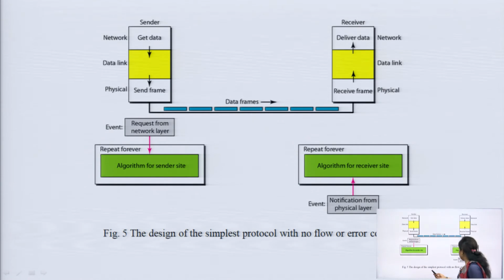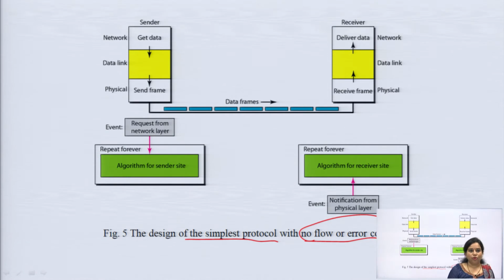So, this is the design of the simplest protocol with no flow or error control. Whenever this code is used at the data link layer, it does not include any kind of flow or error control. It will only transmit the data, maintaining the framing part.